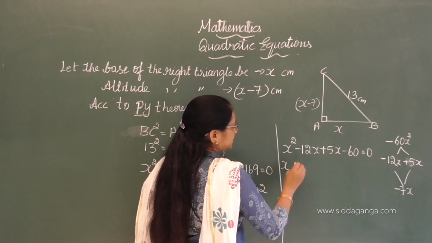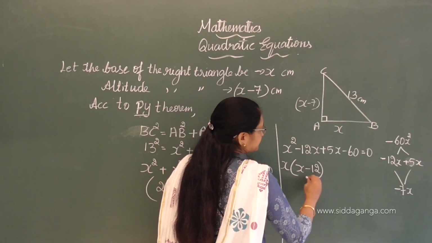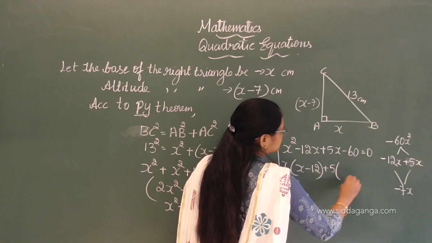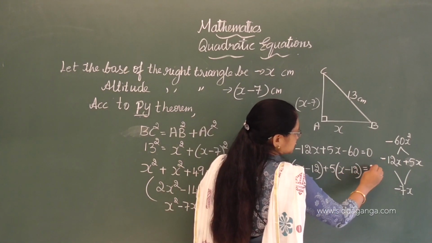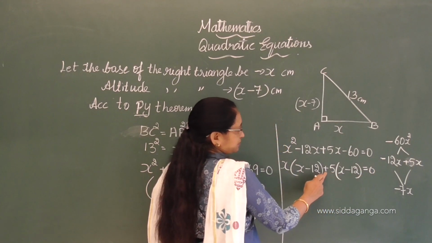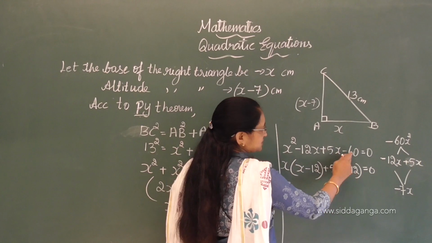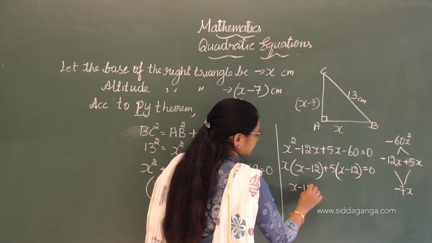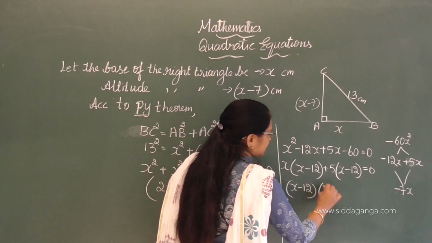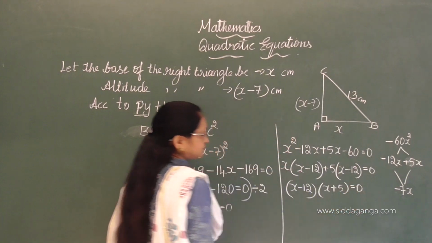Now x is common, here x minus 12, then 5 is common, x minus 12, 12 5s are 60. So plus 5x, plus into minus, 12 5s are 60. Then here x minus 12 and x plus 5 is equal to 0.